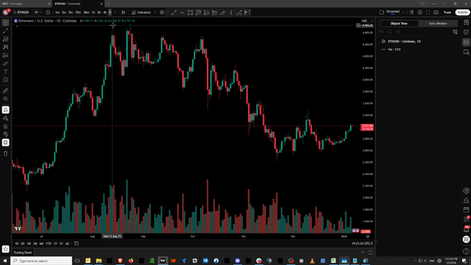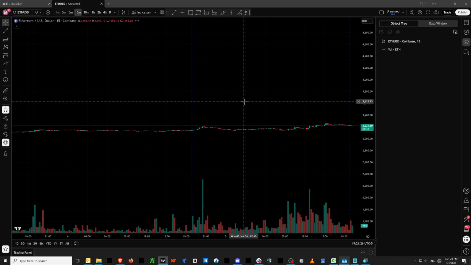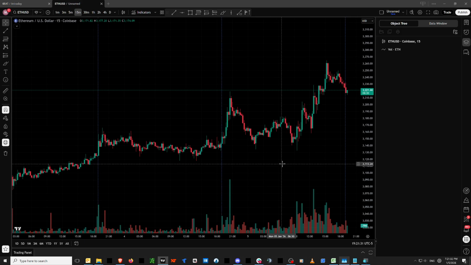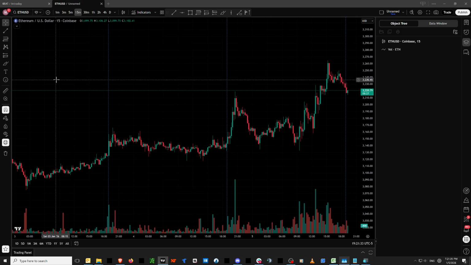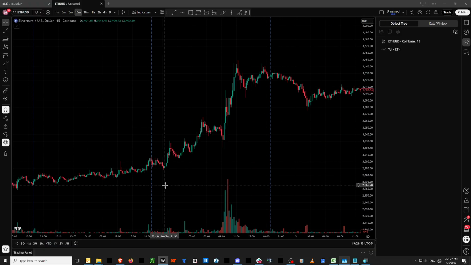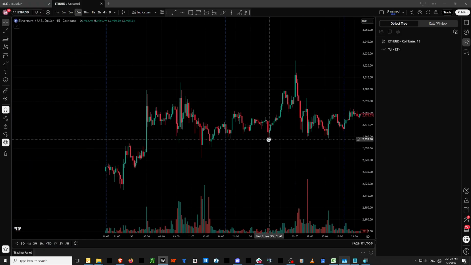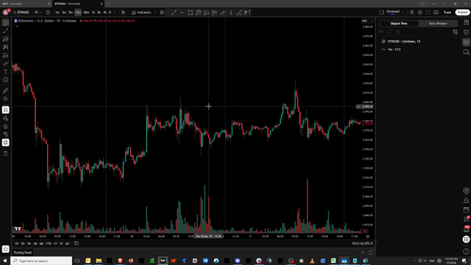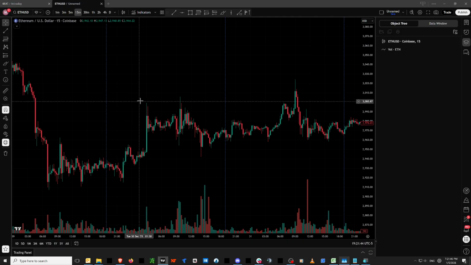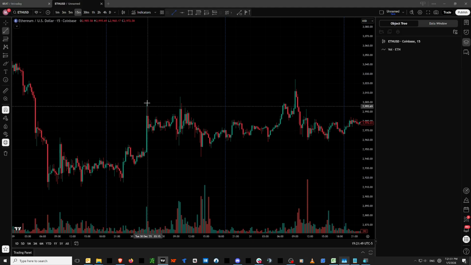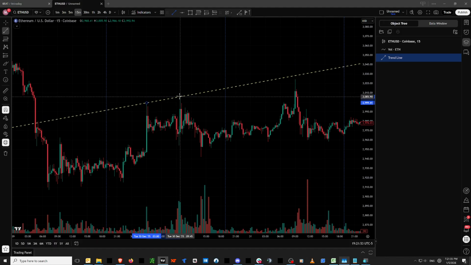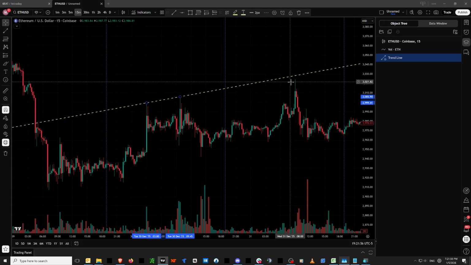I'm going to remove all these drawings. I'm going to go to a 15. And I'm going to go back several days so that we've got some of these trend lines to follow for a bit. Okay. And this is a matter of, do I see a trend line here? Let me see, maybe. Here to here. Real close.